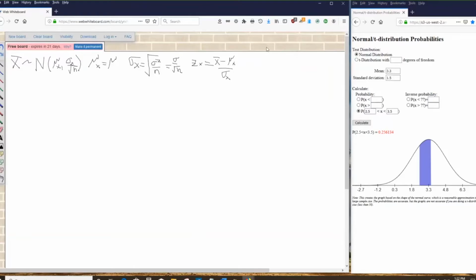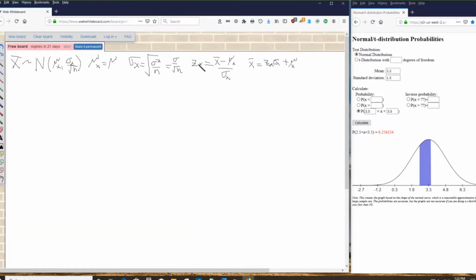And if it wants you to solve for an x value, then you're just going to rewrite that equation as your z of x times your standard deviation of x plus the mean of x.